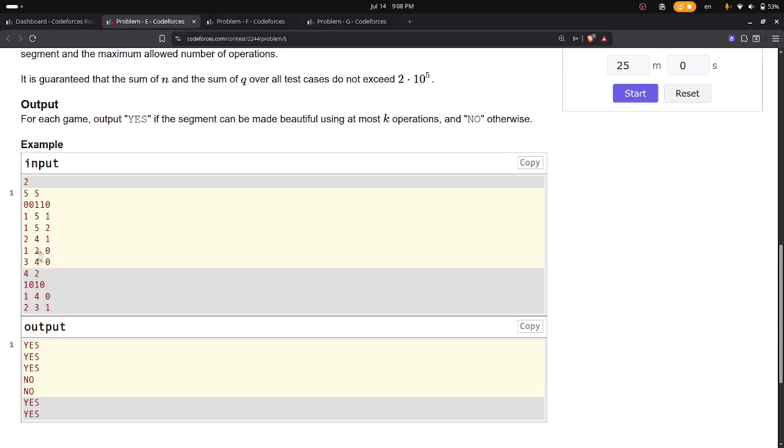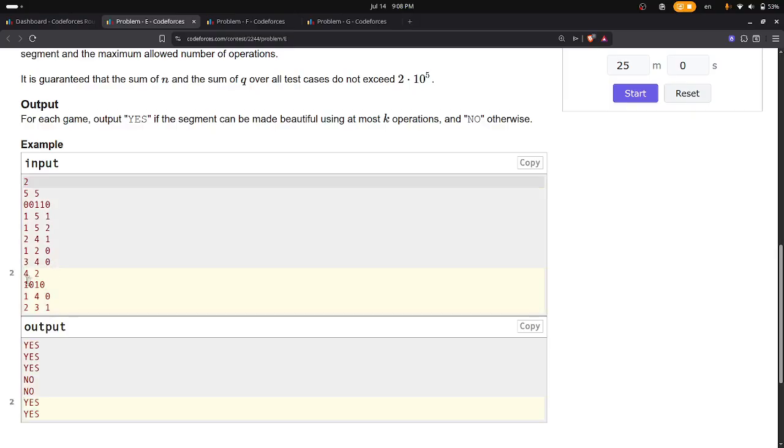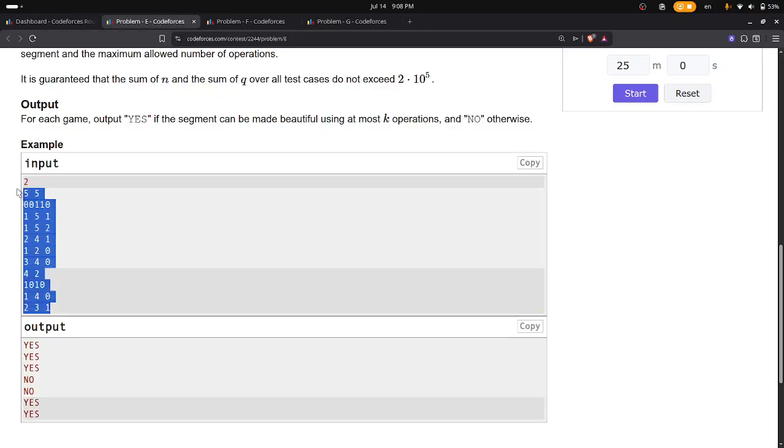And then 1 2 using 0 operations is definitely possible. 3 4 using 0 is not possible. Then 1 4 is already good, 2 3 is already good. So all of the test cases are very simple.